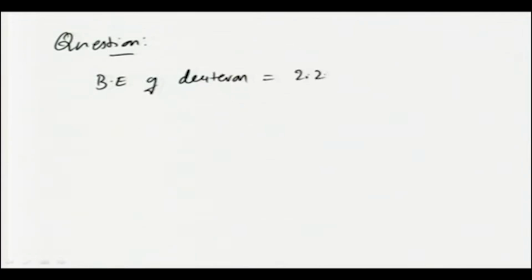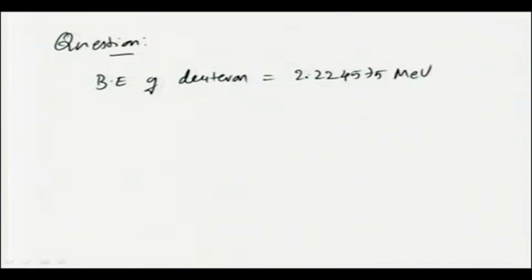Before we conclude this lecture, we will pose a simple question which we can think about. We said earlier that the binding energy of the deuteron is equal to, let us take it to be, 2.224575 MeV.